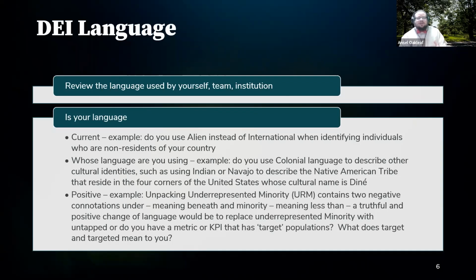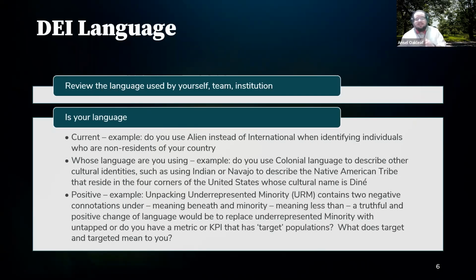So try and look at how you categorize different cultures, different groups. What's current? Are you using language that was established by one culture and bestowed onto another? For example, are you still using colonial language to describe other cultural identities?